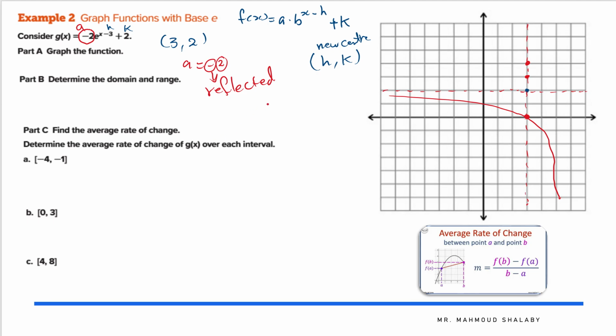So if it's a multiple choice, I will choose a graph that looks like this. However, to be more accurate, we will create a table of values using your calculators as usual. So let me write this down and see how the table will look. It's negative 2 multiplied by e to the power of x minus 3, plus 2, and the start is negative 5 as usual, to 5, and let's see how the values look.